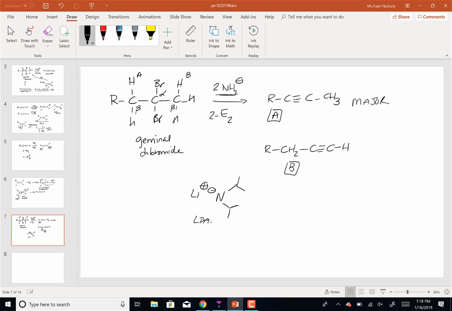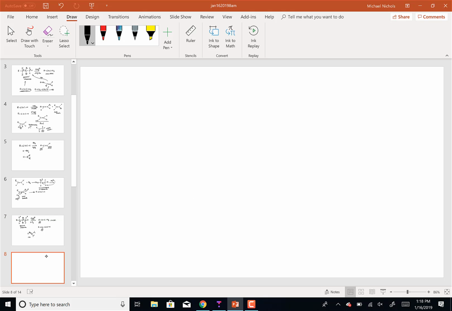Now the problem with making a triple bond out of the geminal dibromide is, how do you make the geminal dibromide? Anybody got any ideas?